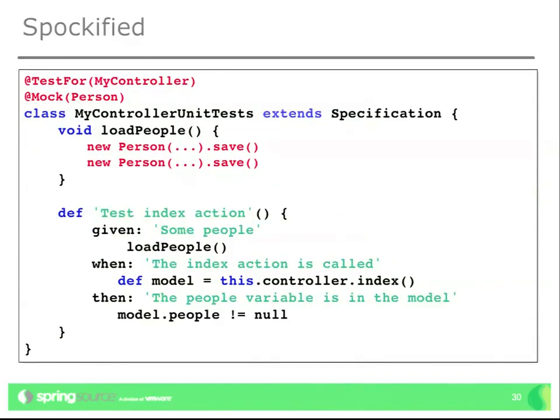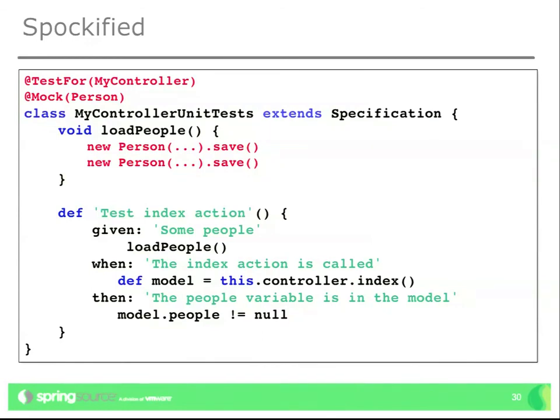One of the things that buys us is now I can turn that test into a Spock test, right? I still have the Grails annotations up there, TestFor and Mock, but notice this time my controller unit test extends Specification, which is a Spock class. So now I've written a Spock unit test that gets to use all of the mocking stuff that Grails provides because of the TestFor and Mock annotations.